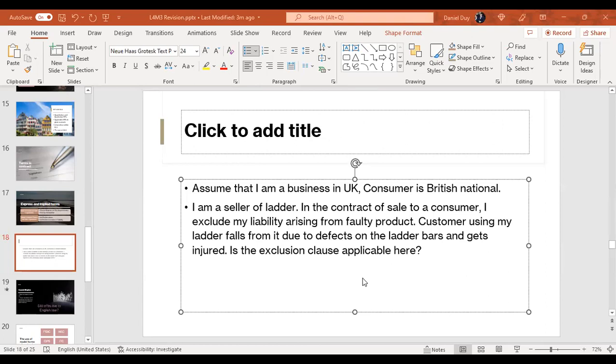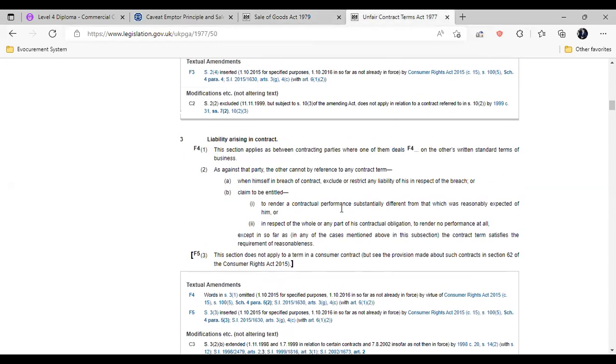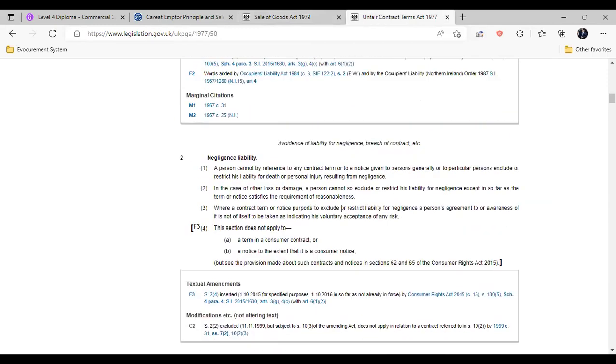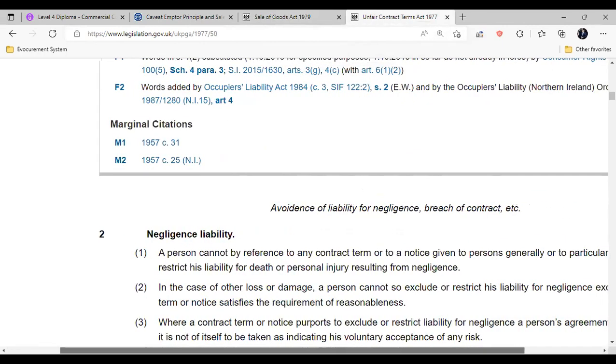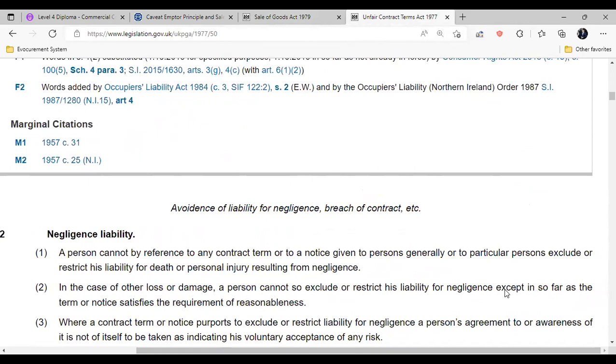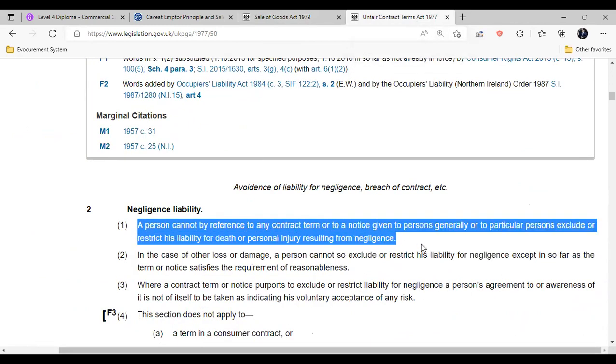That's a very correct approach. And I would like to show you the terms, the clauses, and the sections in that act. We are talking about the Unfair Contract Terms Act. Okay, let's come back to section 2. Let me zoom in. Okay, read this passage.